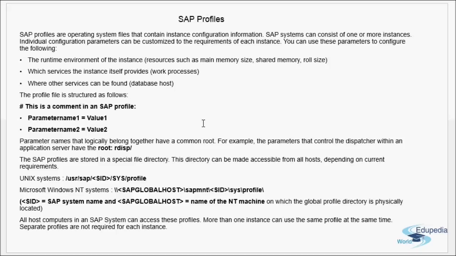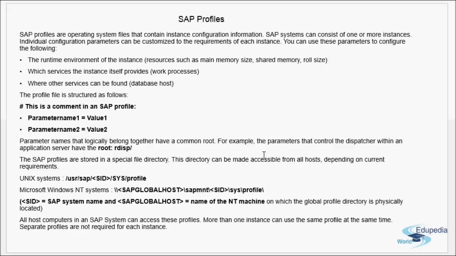For example, the parameters that control the dispatcher within an application server have the root rdisp/. So similar profile parameters have the same root. For example, one profile parameter is rdisp/ something like work process. The parameters which are controlled by the dispatcher begin with rdisp/.